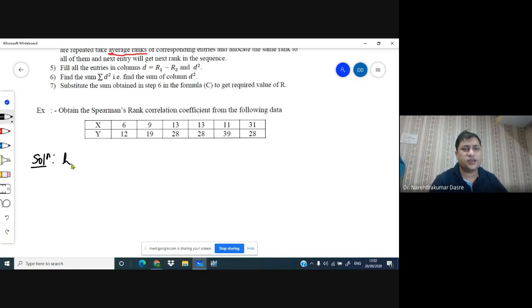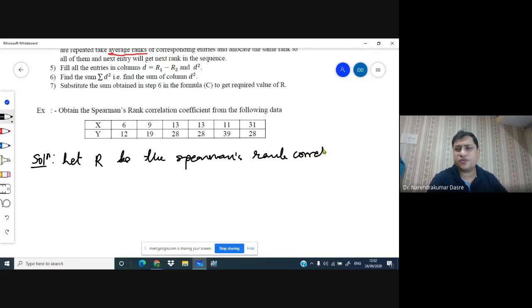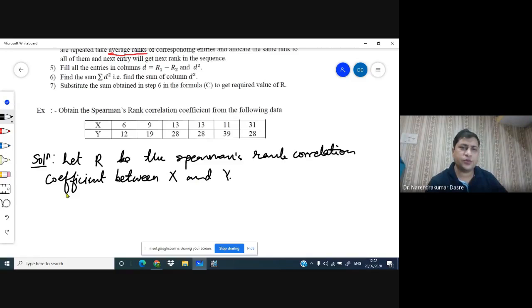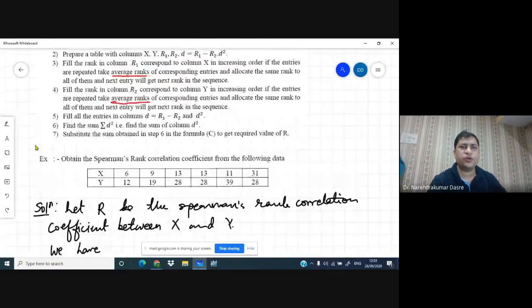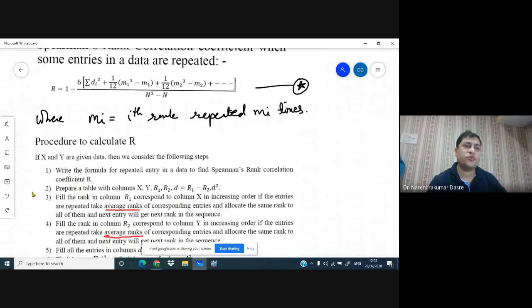Hence we'll write: let R be the Spearman's rank correlation coefficient between X and Y. And we know there are repeated ranks, so now we have to use this formula.